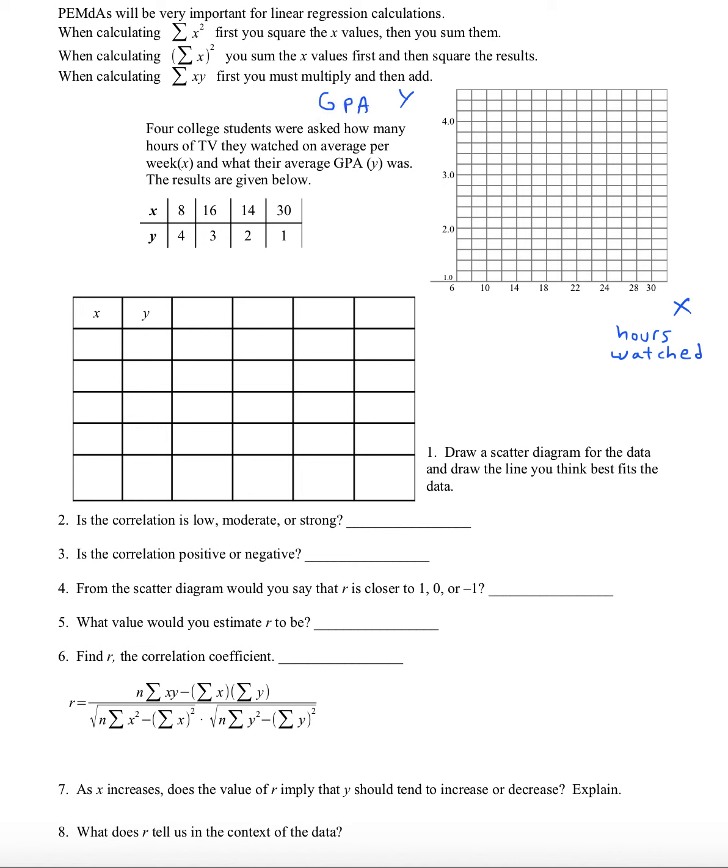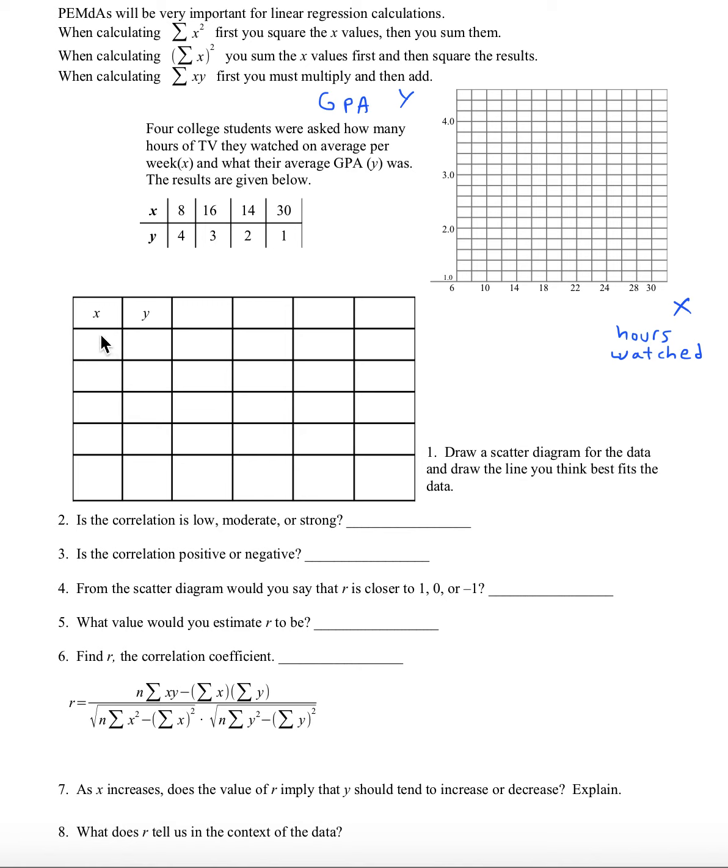Now that should make sense because we want our dependent variable on the vertical axis, and it could be reasonable to assume that GPA depends on hours of TV watched. Okay, I want to plot the data points as coordinate pairs.